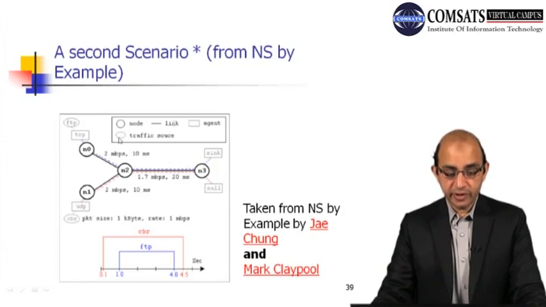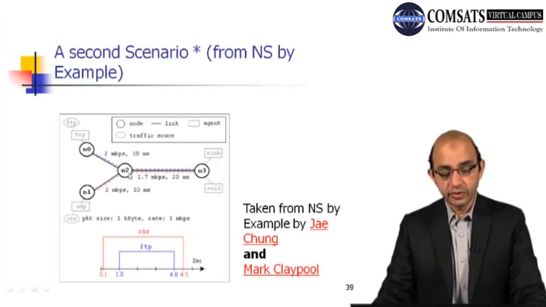So you can see we have the scenario, with 1, 2, 3, 4 nodes, and we have interconnection of these nodes. You can see N0 is connected with N2, and the bandwidth is 2 megabit per second, and latency is 10 millisecond.